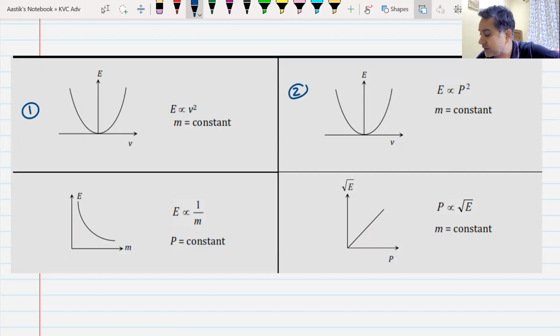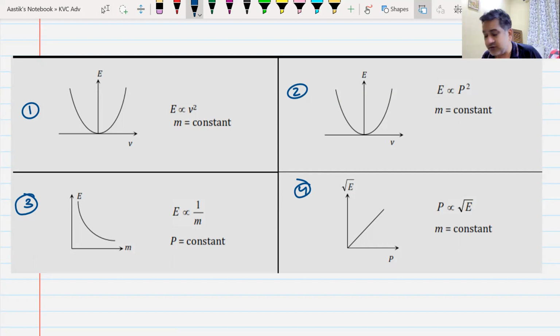Graph number 2 is the graph between kinetic energy and momentum square, whether you call it velocity or speed square or momentum square, it is the same thing, yes or no? The third is the graph where, if I keep the momentum of the body constant, kinetic energy is inversely proportional to the mass, so it will look like this. Fourth graph is between root of E and P. It is a straight line.